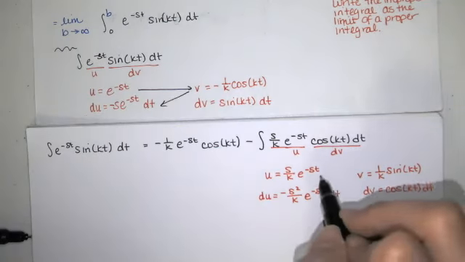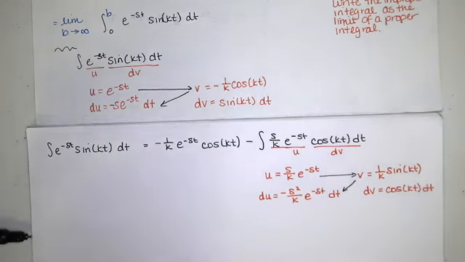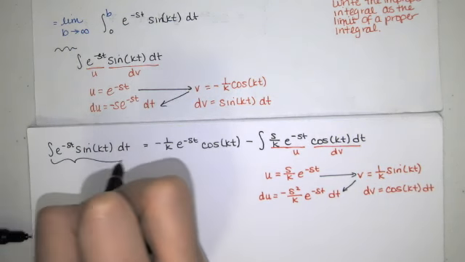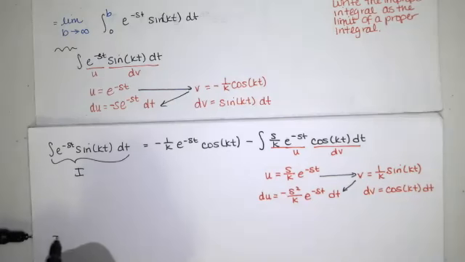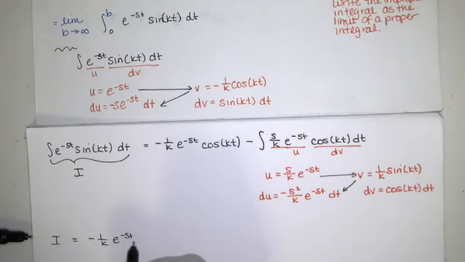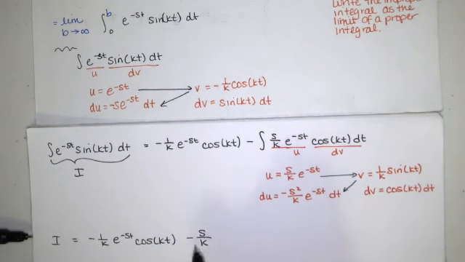So we end up with uv minus the integral of v du again. And so I'm just going to call this I for integral, because that's what I'm looking for. And this is negative 1 over k times e to the negative st times cosine of kt minus s over k. Oh wait, no, I included the s over k in there. Minus the result of this integration by parts.